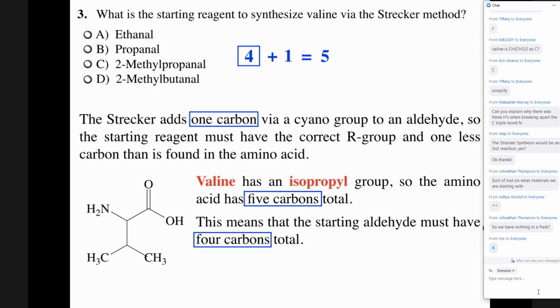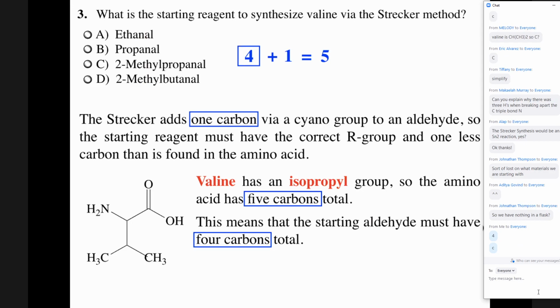So whatever we start out with in the flask has to be a 4-carbon compound. Which of those choices is 4 carbons? Perfect, choice C. So 2 carbons, 3 carbons, 3 plus 1 is 4, 4 plus 1 is 5. Also, the way Tiffany did it, just take the final product, get rid of the cyano, get rid of the nitro, and make that. This is 1, 2, 3 carbons in a row, so it's propanol with a methyl on 2.